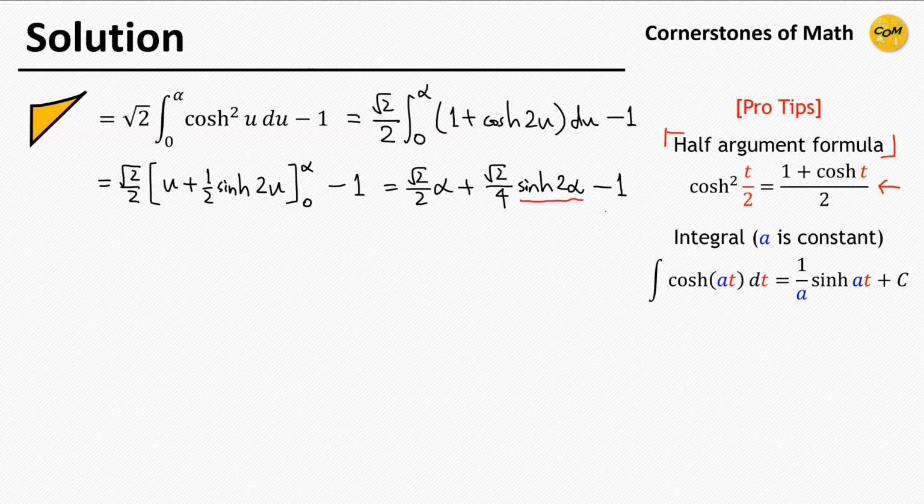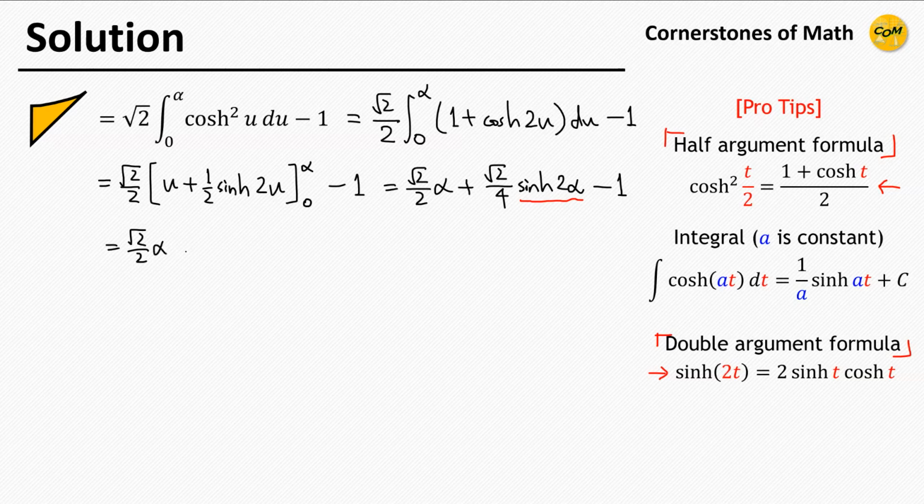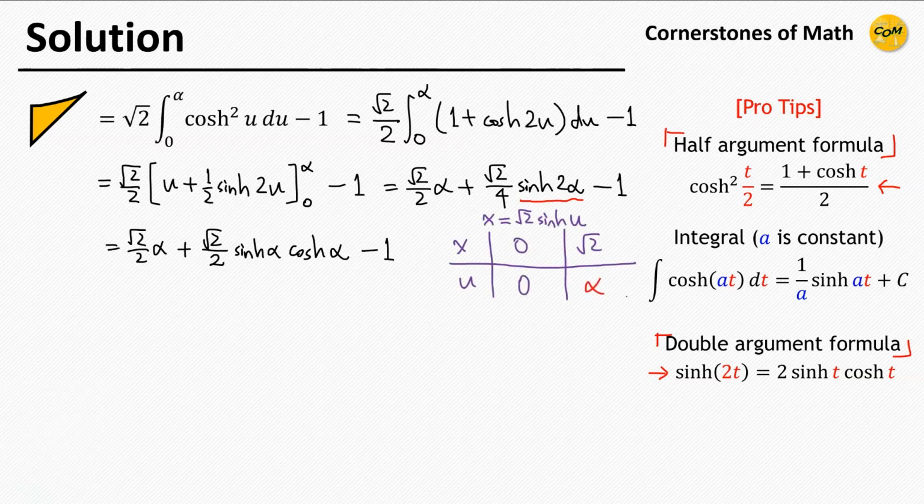And as for this hyperbolic sine 2 alpha, we apply the double argument formula for hyperbolic sine, which gives square root of 2 over 2 alpha plus square root of 2 over 2 hyperbolic sine alpha hyperbolic cosine alpha minus 1. Here, alpha is the value of u when x equals square root of 2, so it satisfies square root of 2 equals square root of 2 hyperbolic sine alpha, or hyperbolic sine alpha equals 1.